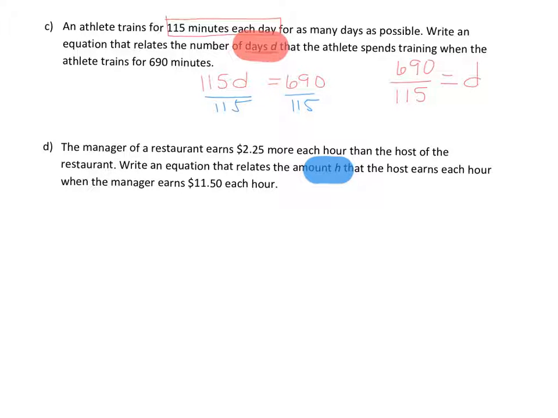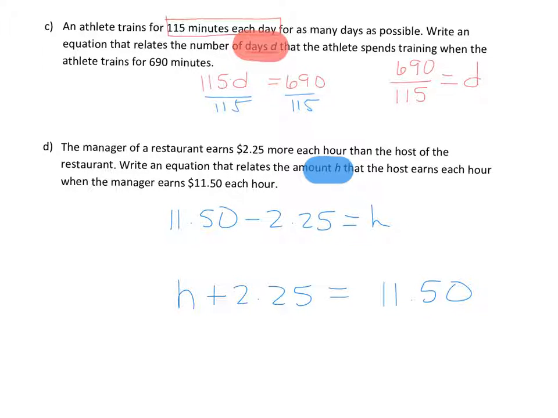So some of you guys would have said, okay, well, if I know the manager makes $11.50 and that's going to be $2.25 more than the host, you would just subtract $2.25 off, and that would be how much they're going to make per hour, okay? Another option is to say, okay, I don't know what the host makes plus $2.25, and that should equal the manager at $11.50, okay? So there's a couple of different options.